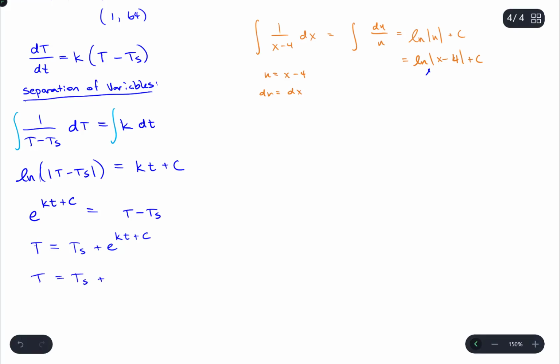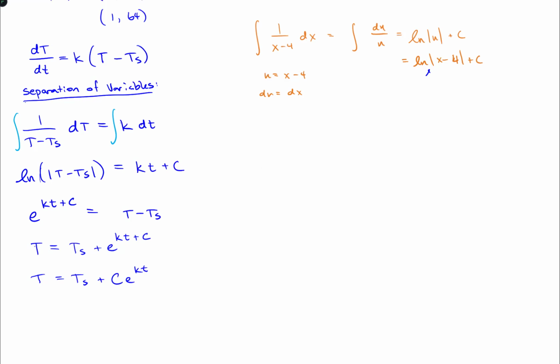And I could rewrite this as c e to the kt, just manipulating that arbitrary constant. So the only difference between this model and the previous is this constant, which is the temperature of the surrounding medium. So it's not much different, so that's kind of nice.